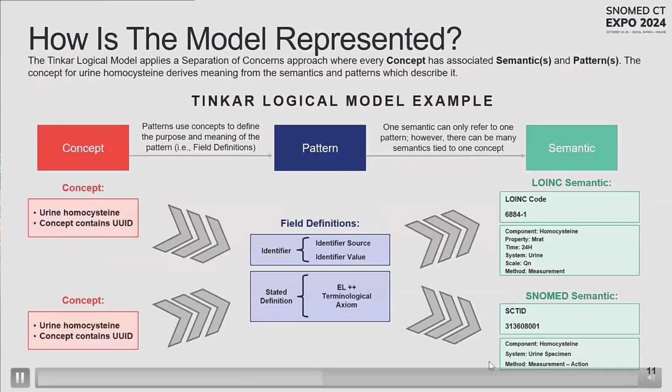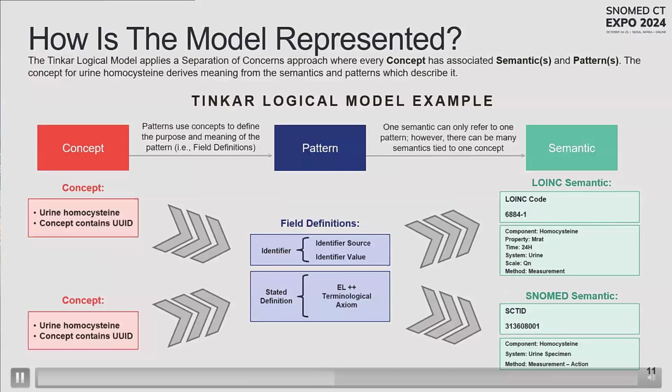So let's take a little deeper dive and use a lab concept. On the right side of the screen, we're going to use urine homocysteine. That urine homocysteine lab test has a unique identifier that comes from the terminology source, be it SNOMED or LOINC.